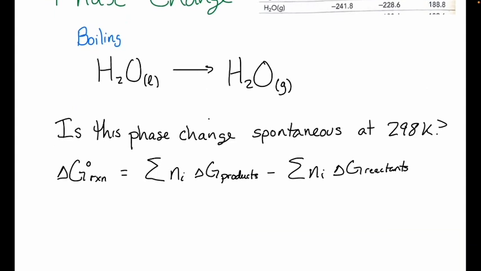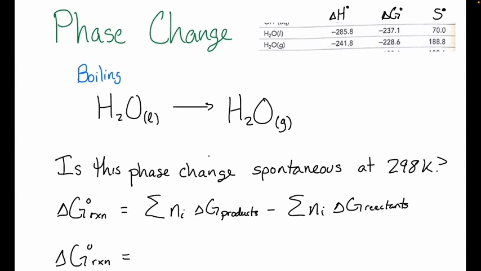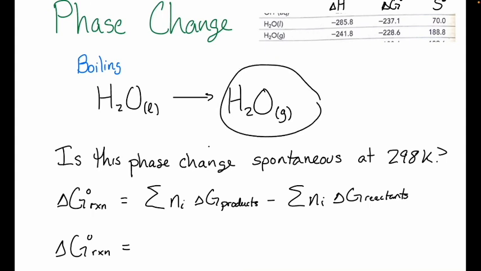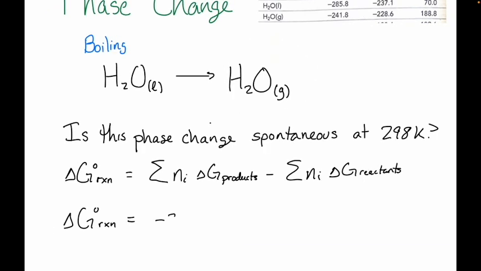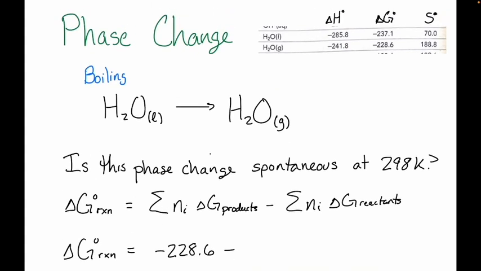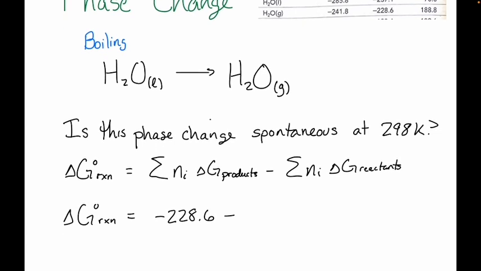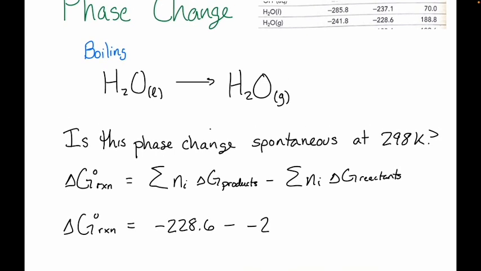So the delta G naught for this reaction, I'm going to take my product, which is the gaseous water, so that'd be that value there, the negative 228, and I'm going to subtract the reactant side, the negative 237.1. And I get positive 8.5.